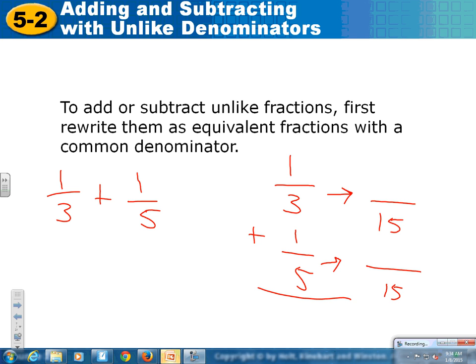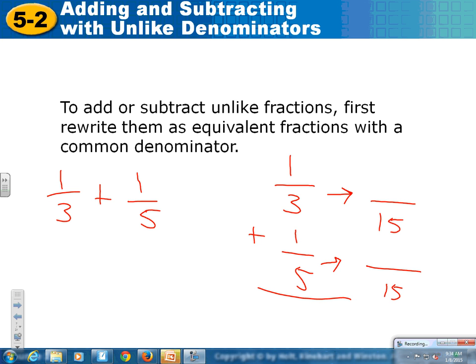Did you guys know that 15 is the least common multiple between 3 and 5? That's why we did least common multiple. Because the least common multiple between your two denominators is always going to be your common denominator, or should be your common denominator. That's why we did it.